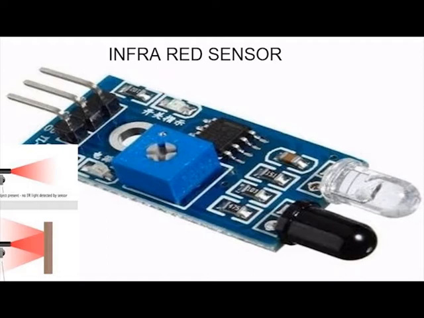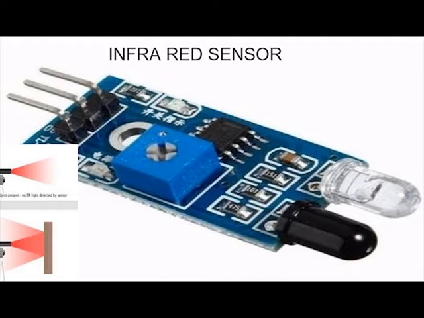This voltage level depends upon the intensity of the infrared lights received. Now the voltage level creates the electrical impulse, which in turn is communicated to the microprocessor or the computer processor.